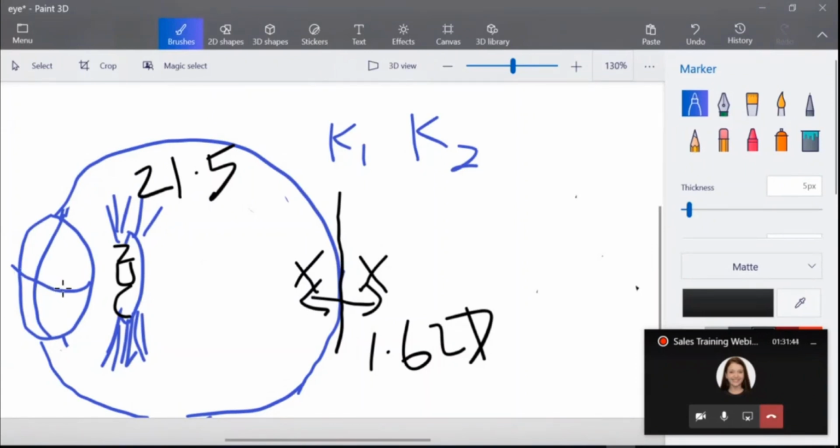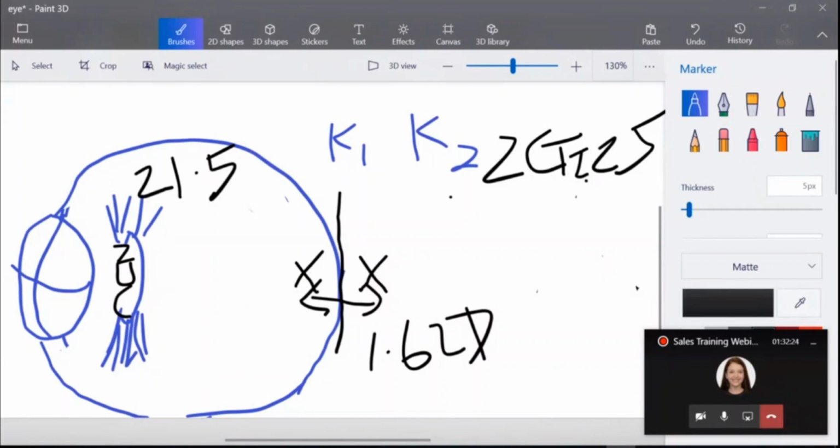So when we choose a toric lens, in this case you may choose, let's say, a ZCT 225. When you choose a ZCT 225 lens, it means that you're adding 2.25 diopters of cylinder power onto the lens.